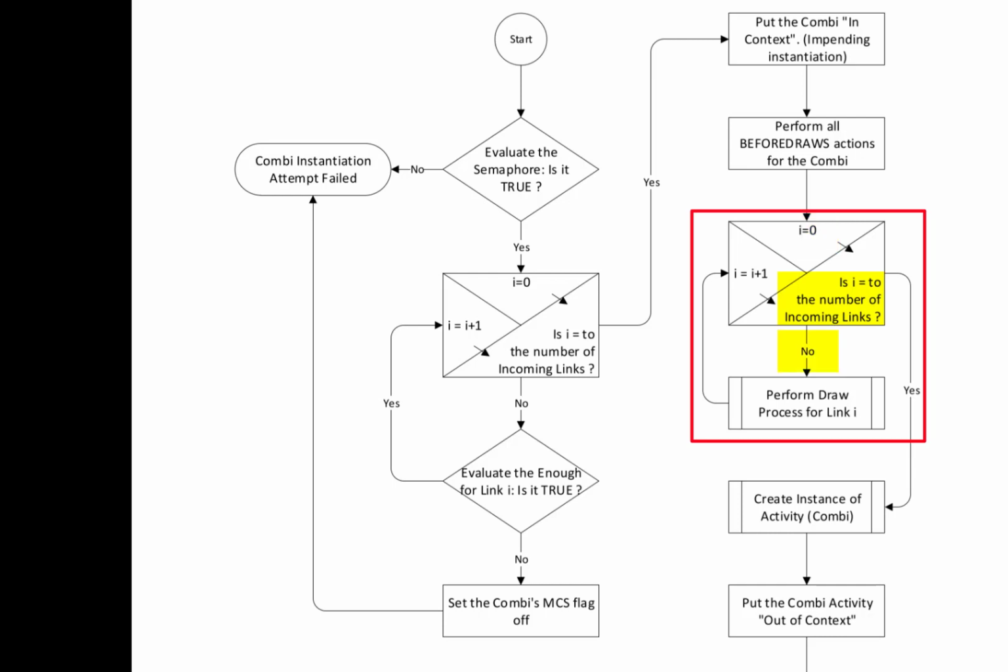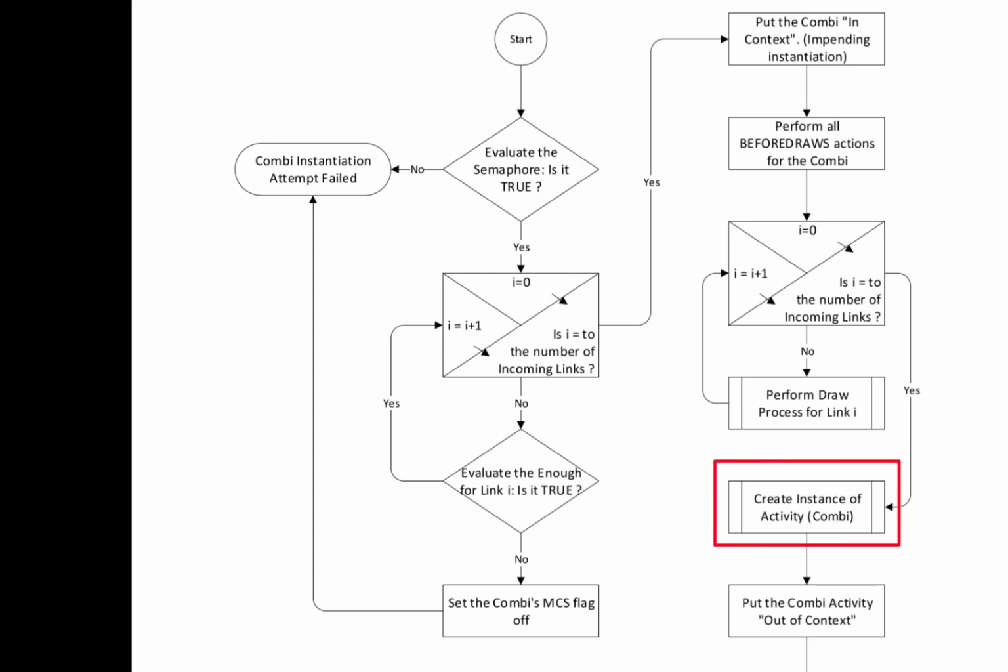If it is not equal to the number of incoming links, then Stroboscope performs the draw process for link I. After the draw process for link I is performed, the index I is incremented by 1 and it is again compared to the number of incoming links. This loop continues so that Stroboscope will perform the draw process for all incoming links I for the Combi that has just created an instance.